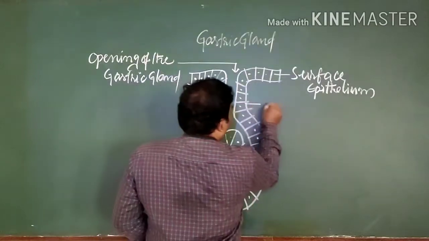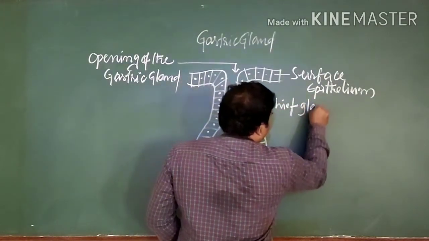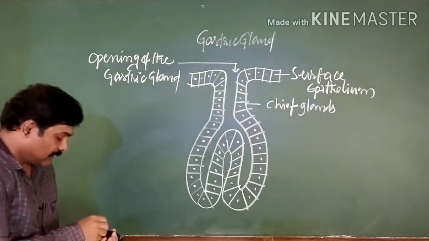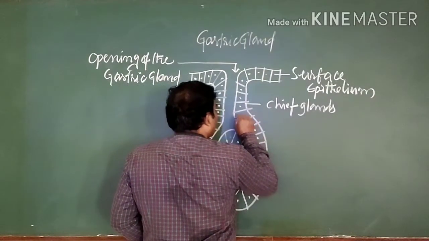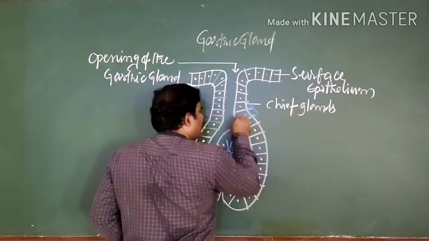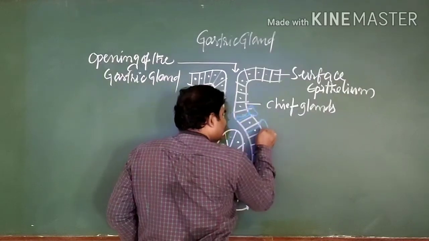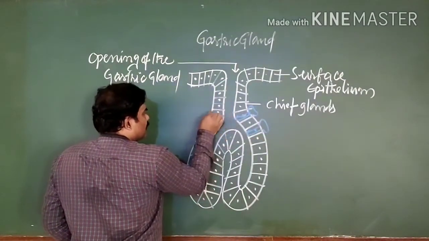Right, so these are all chief cells. Whereas you can see just here at its lateral side, the second type of important cells. These are known as oxyntic cells. There you can see.